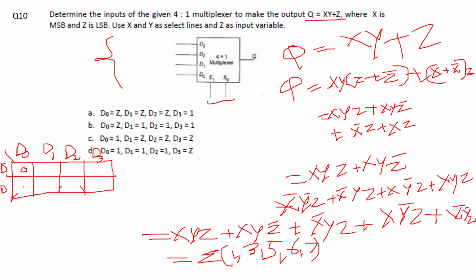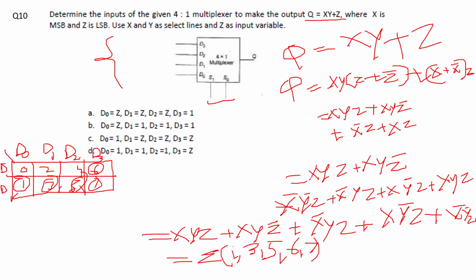So here I write 0, 1, 2, 3, 4, 5, 6 and 7. Whichever min terms is high, we need to encircle it. So 1, 3, 5, 6, 7.